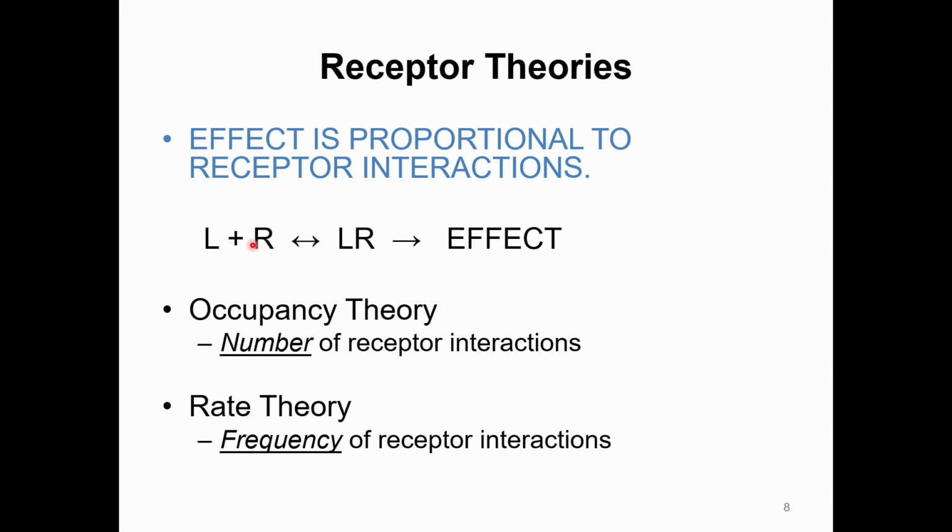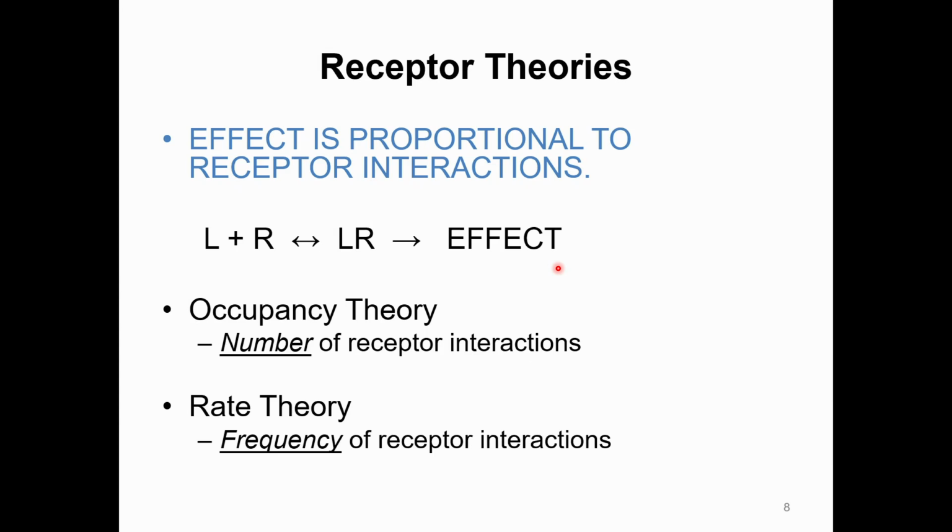So we have a ligand and a receptor, but they've not gotten together yet. These can get together, though, and form a ligand-receptor complex. And then presumably signal transduction happens, this arrow, but eventually you get some kind of an effect. So you aren't going to get that effect unless the ligand associates with the receptor. When the ligand associates with the receptor, then some sort of a biological effect occurs.